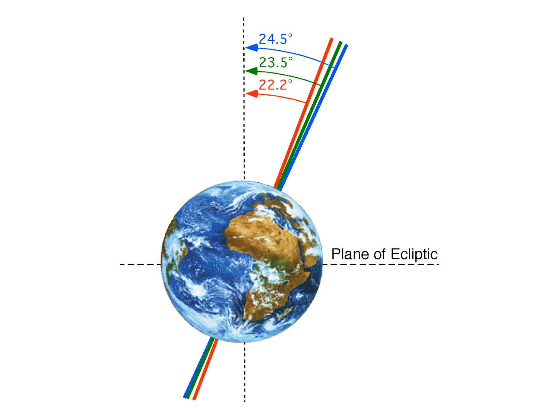If the tilt is more extreme, 24.5 means warmer summers, more heat energy available to melt the snow and ice that accumulates during the colder winters.